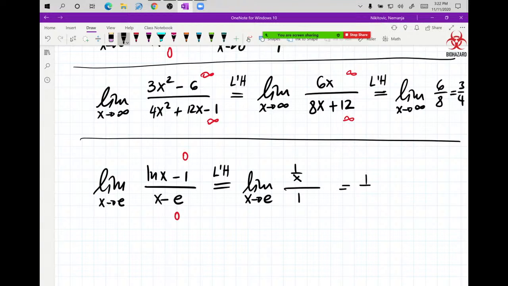So the answer is 1 over e, and that's it. Just walk away, because there is nothing else that you can do here. When you divide 1 over x by 1, you get 1 over x, so that doesn't change.